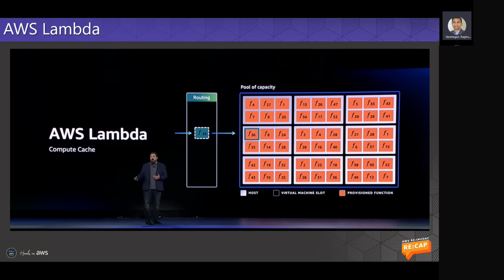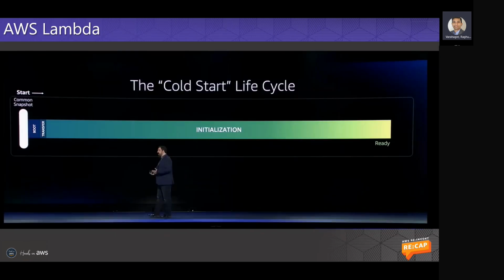But the very first time you invoke a Lambda after a long gap, that's when there's no ready-made environment for the Lambda function to go and execute your code right away. So there is some, this is probably a better graphic to talk about that, right? There is boot up of the virtual environment. There is some data transfer happening between the place where they store the code and then the virtual machine.